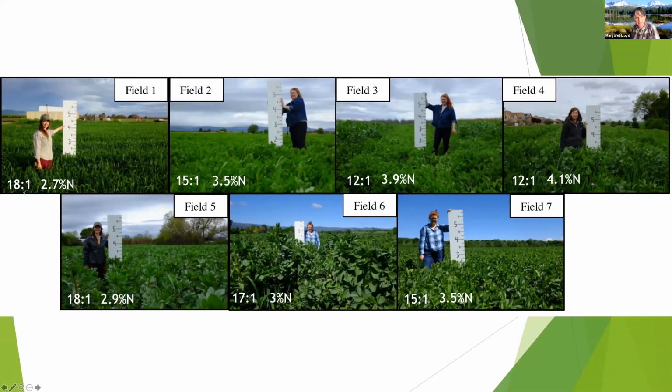So you can see this higher C to N ratio has a lower N tissue content, 2.7%. Whereas when we go over here to the 12:1 C to N ratio, there's 3.9% tissue content of nitrogen. So you can see how those two things are related.